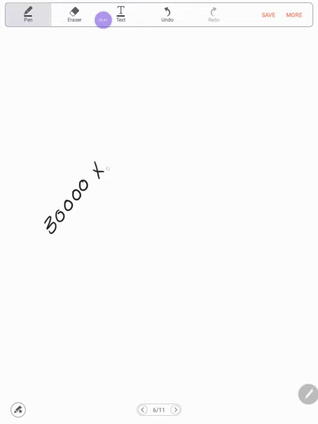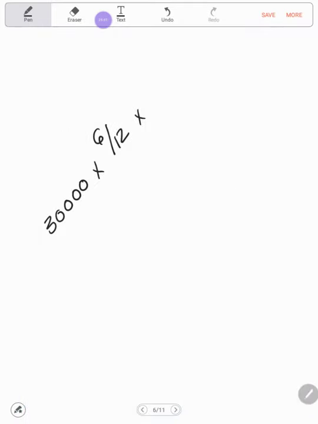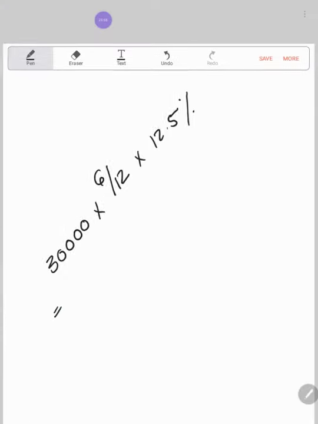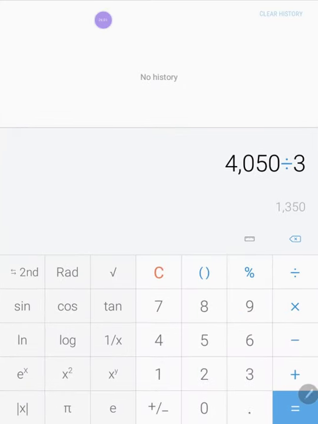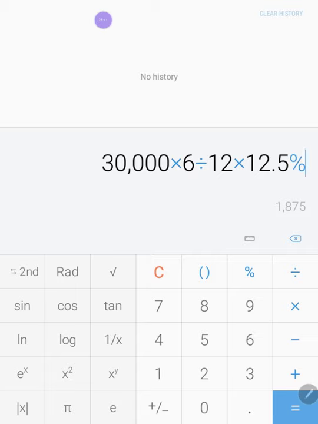So 30,000 times, how long did I have this investment open? For 6 months. So I'm going to say times 6 over 12, and I'm going to multiply it by the rate. Here's the rate, 12.5% per annum. So if we work that out, 30,000 times 6 months times 12.5%, the interest that we have received is 1,875.